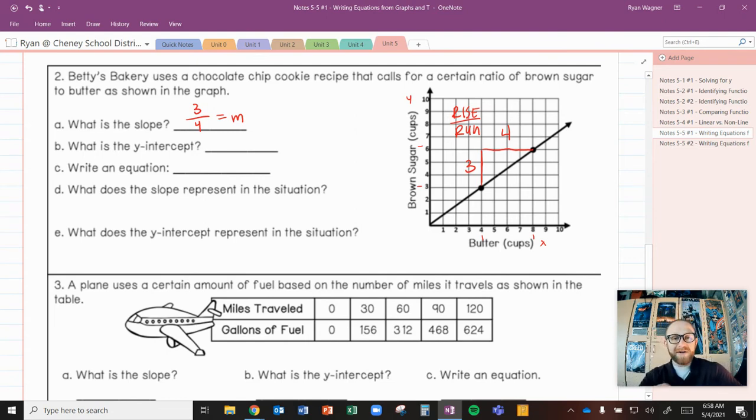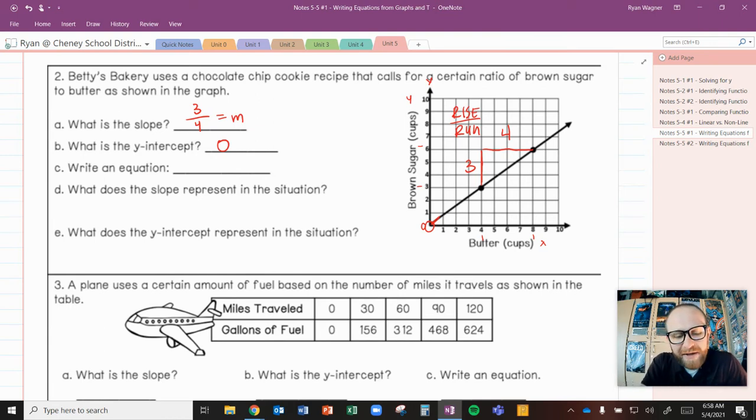Okay, the y-intercept is where the graph crosses the y-axis. So our y-axis is here. Our graph crosses right there at 0. So this is a proportional graph because it crosses through the origin.